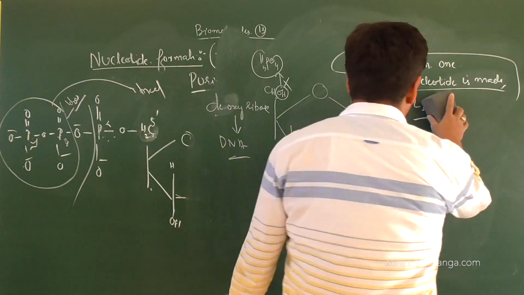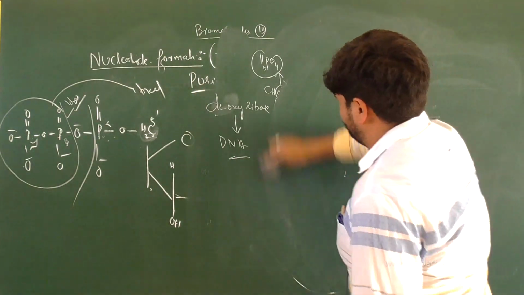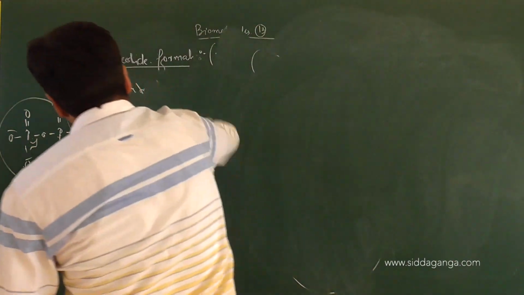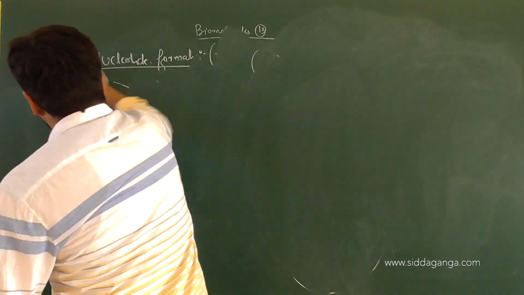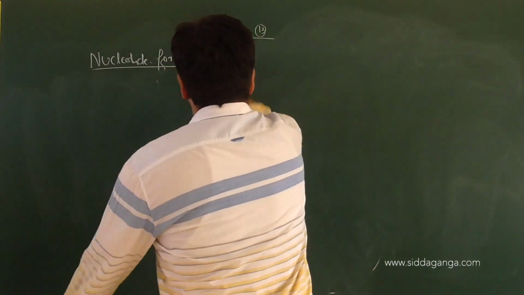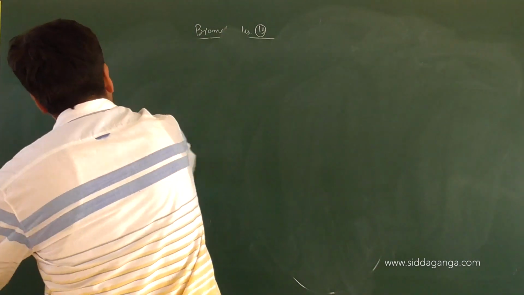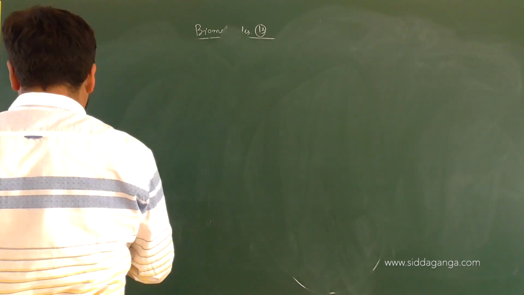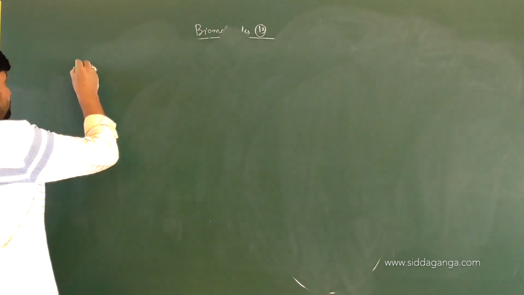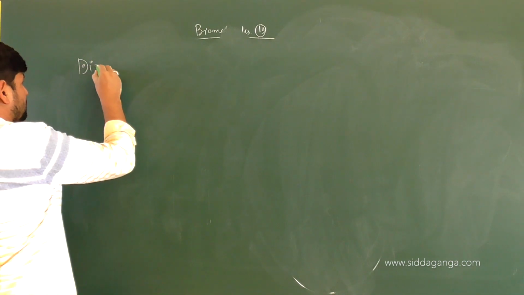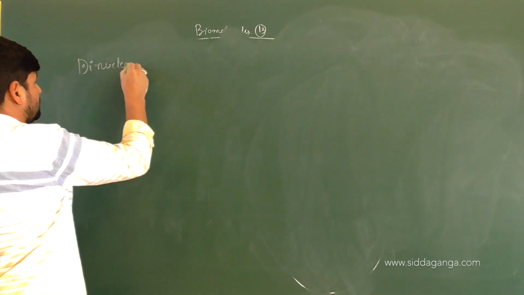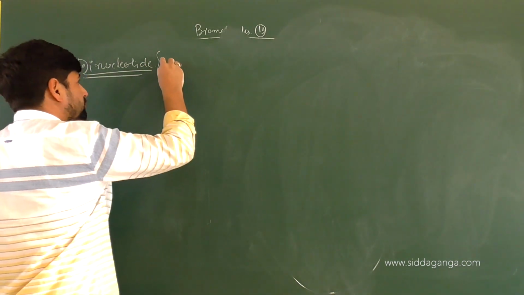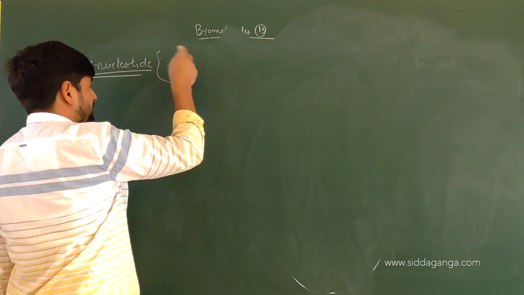We'll have a look at this here. Now we will make a dinucleotide out of it, first of all. And here I will mention base. First, let us make one dinucleotide. Two nucleotides, right?